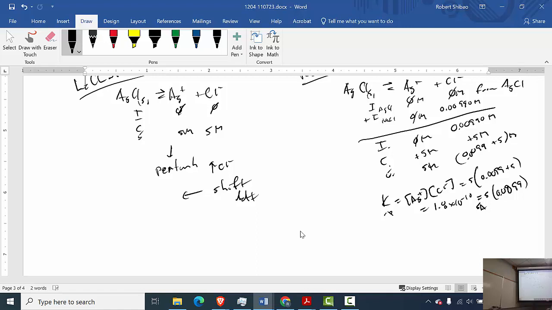What does it come out to? 1.818 times 10 to the minus 8.